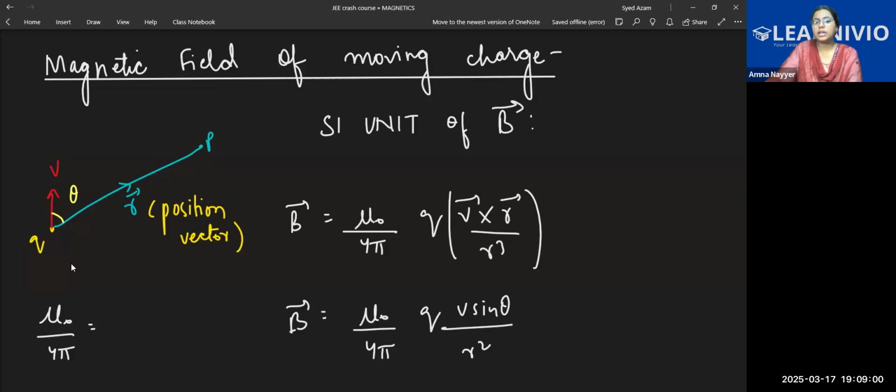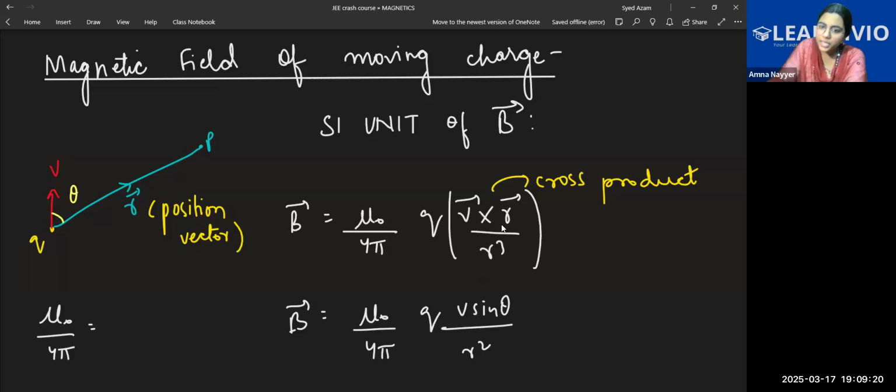So what do we use here? The formula that is utilized is B equals mu naught by 4 pi, Q into V cross R, divided by R cubed. Here we are going to use the cross product.